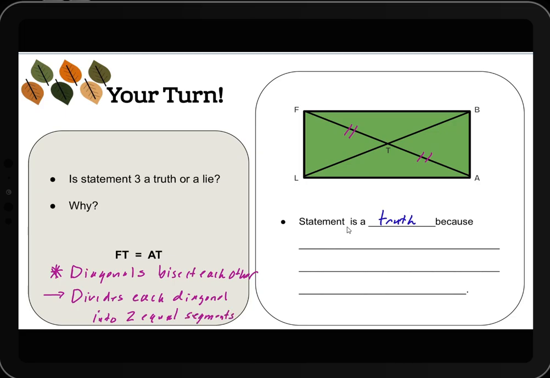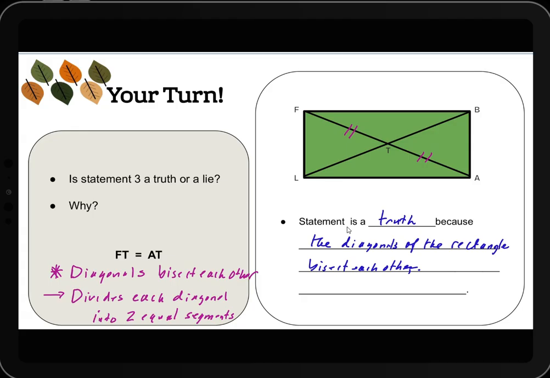So our explanation is because the diagonals of the rectangle bisect each other. So I'm literally pulling that language from my reference slide that talked about the properties of a rectangle or a parallelogram. I'm pulling that and using that as my justification. So that would be my why.